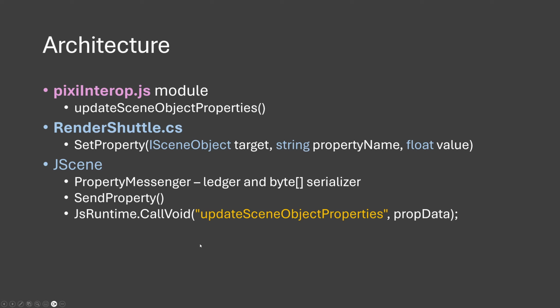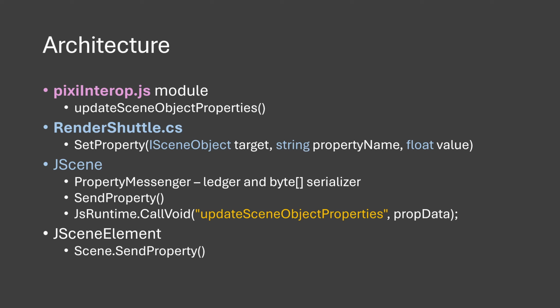Most of it is done on the base class, so it's done once. And finally, we have this call through JS runtime, which is the JS interop, which actually calls into the JavaScript method, providing the byte array with all the property data as the single argument to that function.